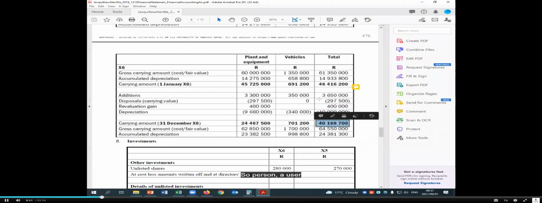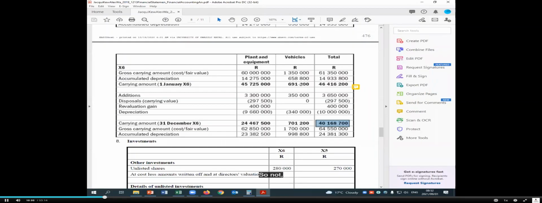So a user of the financial statement can see how this amount changed from 46 to 40. And remember, for each class of property, plant, equipment, you're going to have a column here in your note.